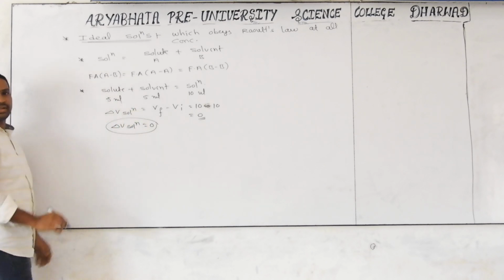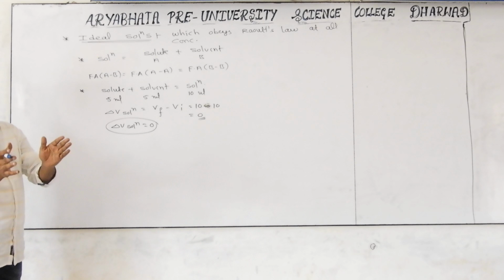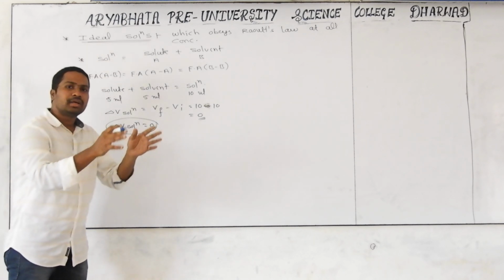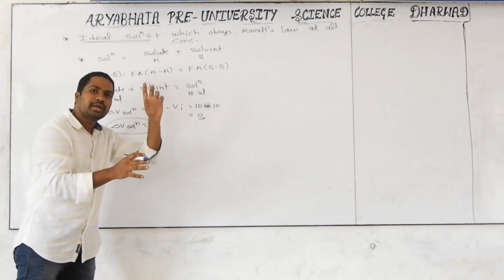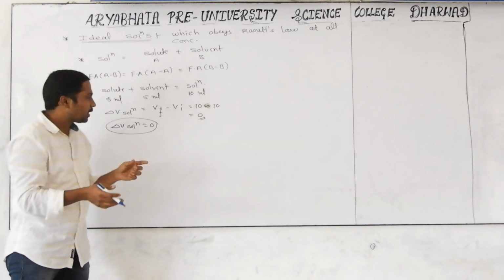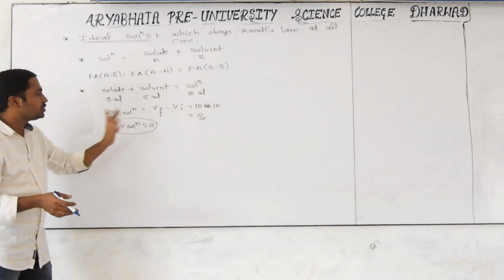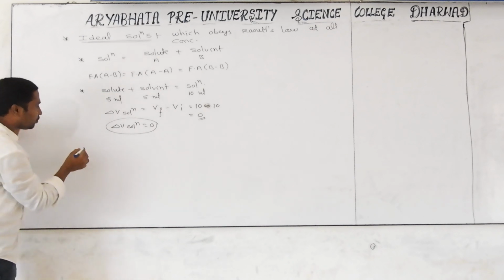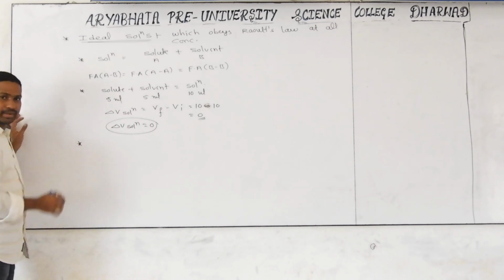These points are important. The volume of solute and solvent you mix, the sum of those volumes is the solution volume. That's why the volume change for an ideal solution is 0. And one more point, observe very carefully.